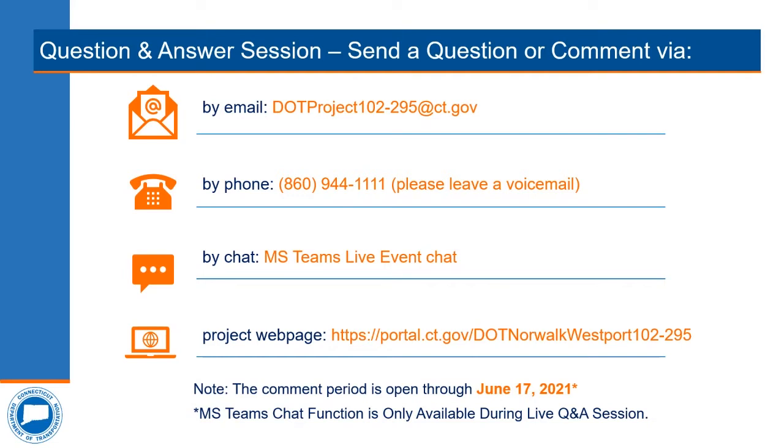The comment period for this project will be open until June 17th, 2021. I would also like to encourage attendees to take the brief voluntary post-meeting survey at the SurveyMonkey link found at the project webpage. The information in this survey will help us improve our public outreach on future presentations.